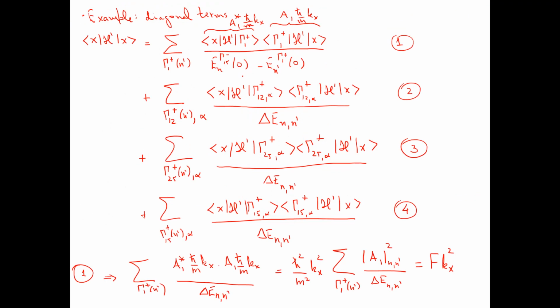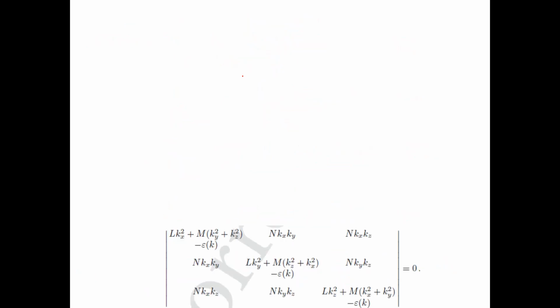Alright, so let's do one more. Let's calculate the case of gamma 1 2, the second term that involves intermediate states with gamma 1 2 plus symmetry, so it is a sum of intermediate states, this is the energy denominator, and now I have a sum over two partners of these 2D representations.